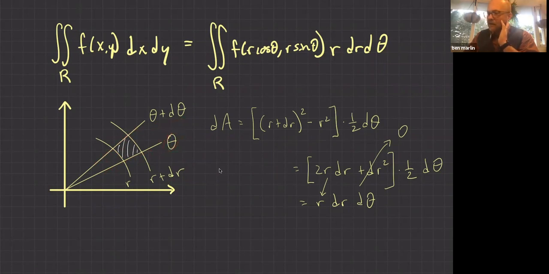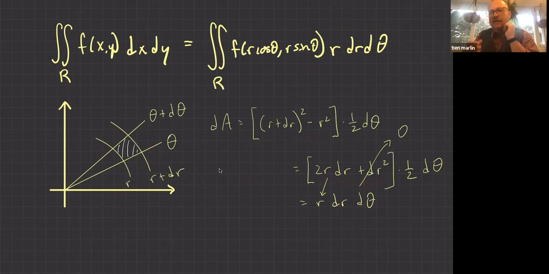Now, first for the geometry, to find the area of a little section of a circle, you take 1/2 d theta times the area of the circle. Since we have between two circles, we take the larger one minus the smaller one. When you algebra that out, you end up with a 2r dr, and then you also end up with a dr squared.